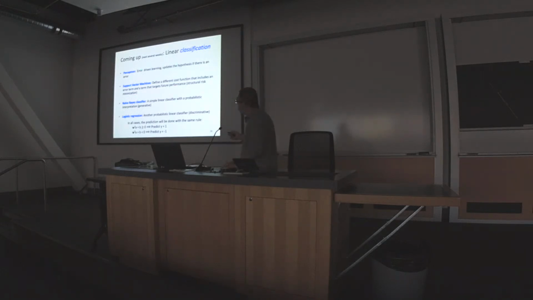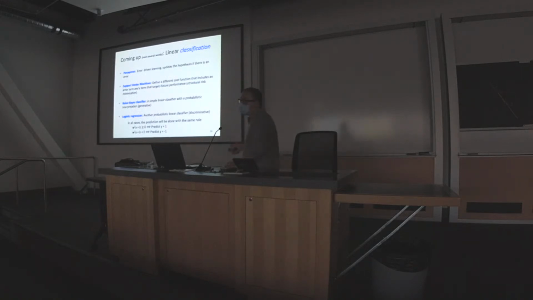And then we will look at this classical and very powerful linear classifier called support vector machines. The essential trick is to define a different cost function that not only includes the error term in fitting the training data, but also an extra term that targets the future performance, which actually bounds the generalization error. So this type of approach is called structural risk minimization.